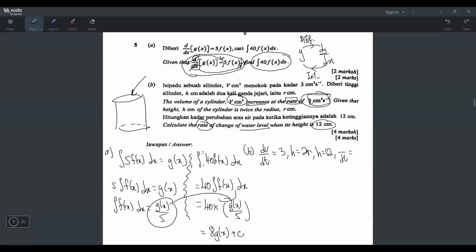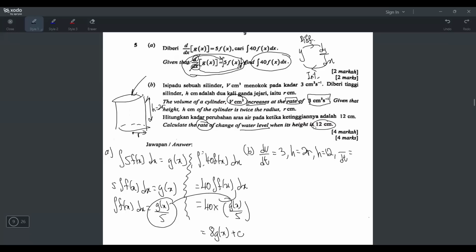So the volume keeps on increasing. Given that the height of cylinder is twice the radius, so this is the radius r, and the height of cylinder is h, and h equals 2r.